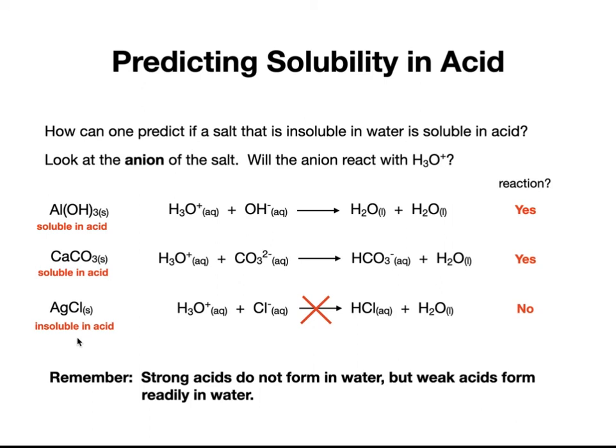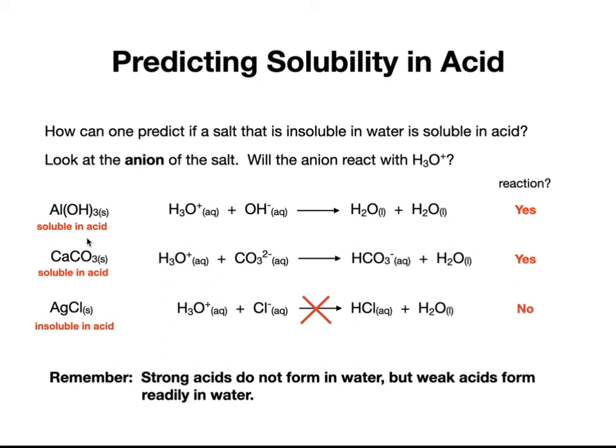So this is the key point to remember, class. Strong acids do not form in water, but weak acids form readily, easily in water. So if the anion is the anion of a weak acid, the salt will be soluble in acid.